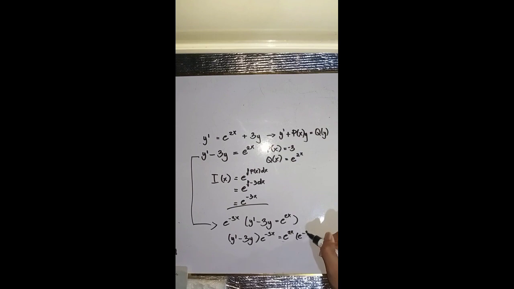Now, we can simplify this to y prime minus 3y multiplied to e raised to negative 3x equals e raised to negative x.